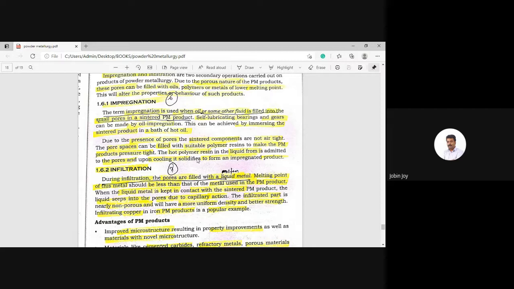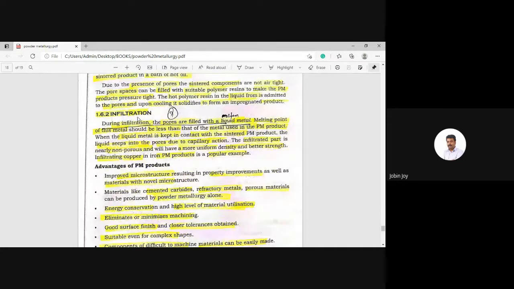This hot polymer resin in liquid form is admitted into the pores, and upon cooling, it solidifies to form an impregnated product. So oil or some other fluid like a suitable polymer resin filled into the small pores in a sintered powder metallurgy product is called impregnation.